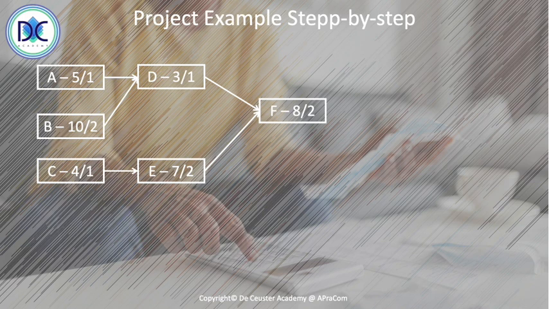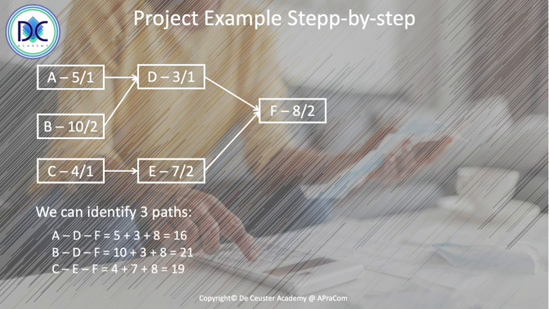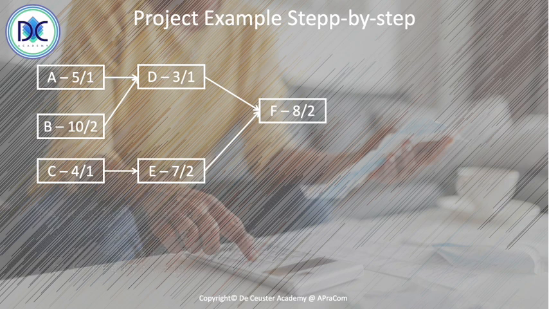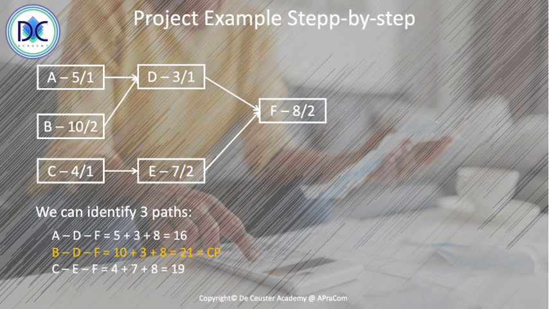So based on this, we have 3 paths, ADF, BDF, and CEF. We can identify those 3 paths, and we can calculate the duration of those 3 paths. And what we see is that we have one path which has a duration of 21, which is the critical path.